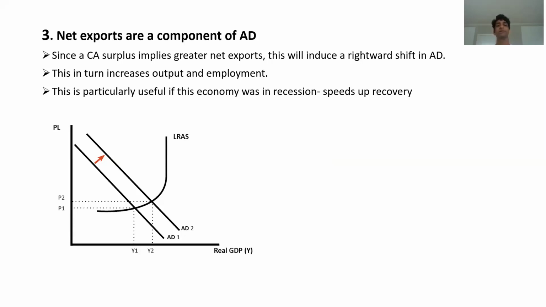This is particularly useful if we were in a recession, right? In a recession, we have all this spare capacity. So what we really need is that rightward shift in our aggregate demand curve, which in turn would lead to more employment, and therefore we perform better in terms of our macroeconomic objectives, unemployment in particular.